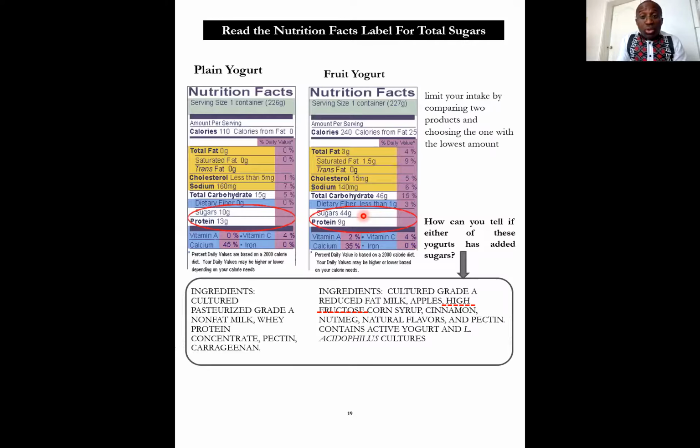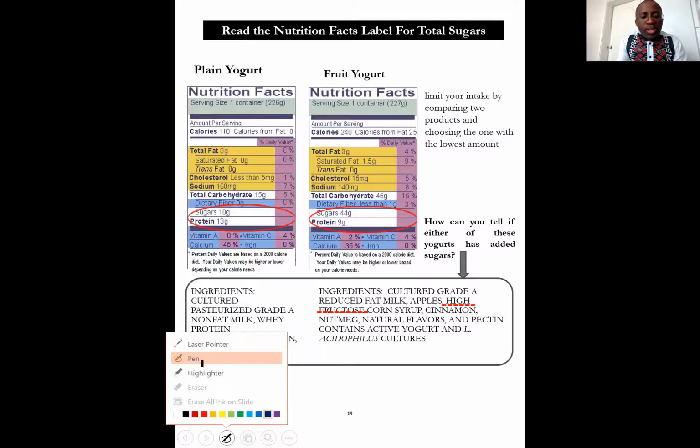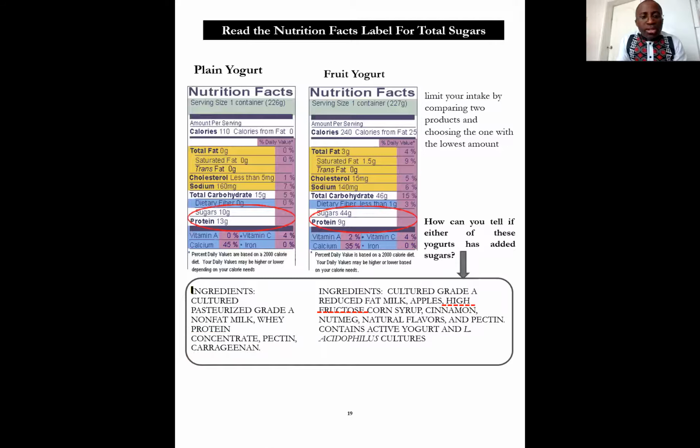So what shall you do? You need to go to the ingredient list of the two materials. Here you have culture, pasteurized grade A nonfat milk, whey protein, concentrated pectin.